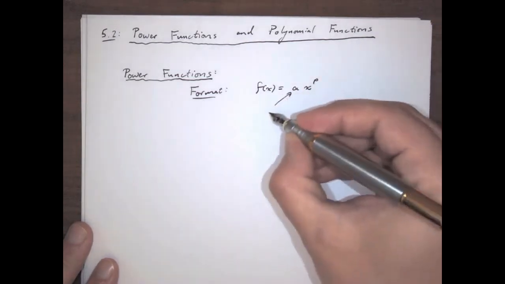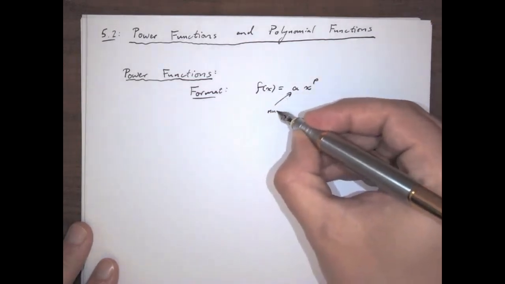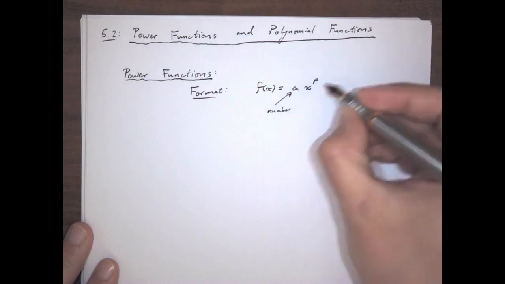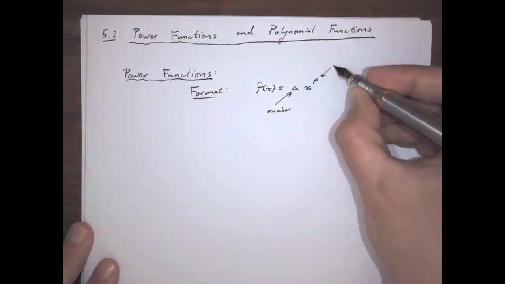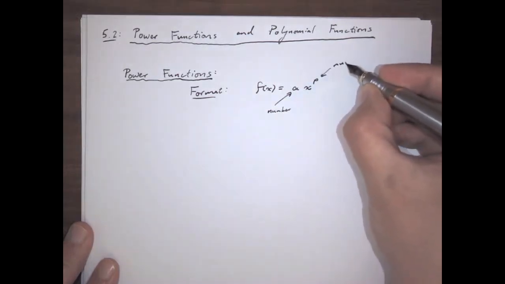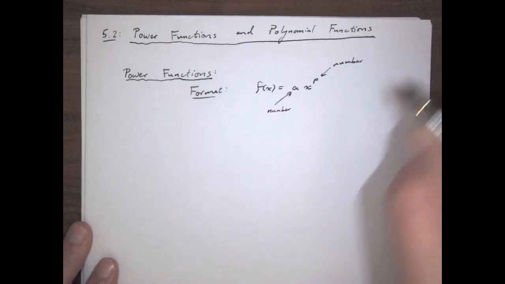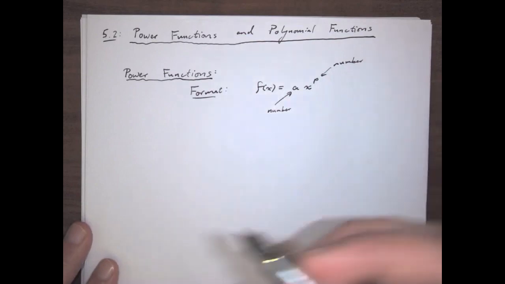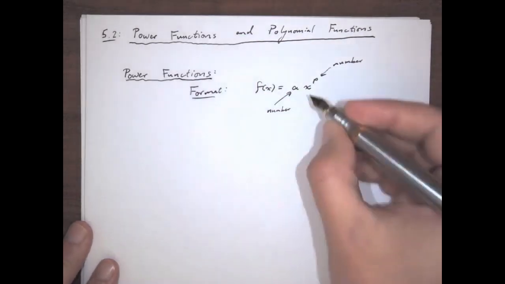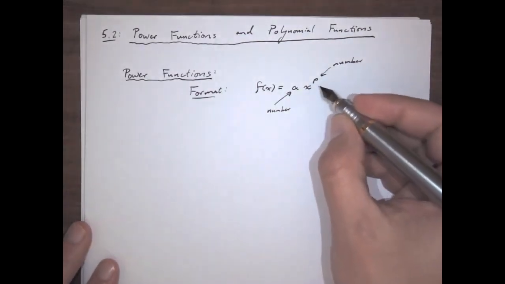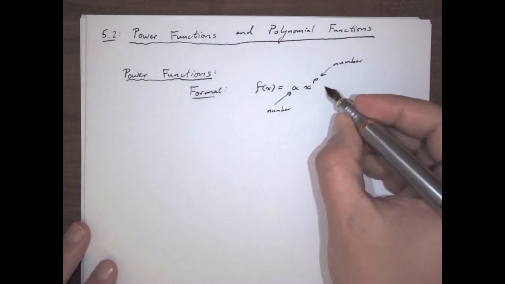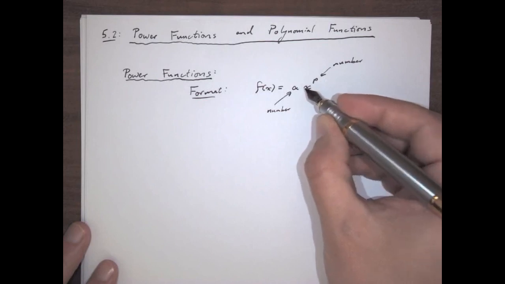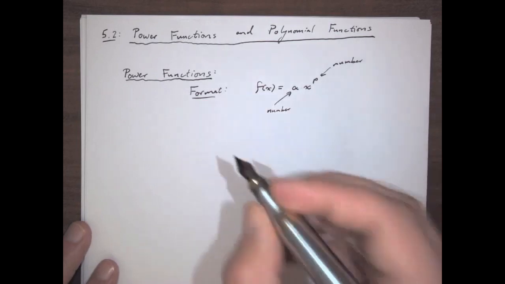So this is some number, and this is some number. And so what you have is x to a power. This does not include numbers to the power of x. It does not include multiple term expressions. It is purely of this form, where you have something times x to a power.